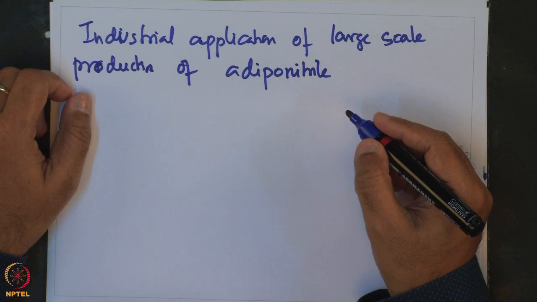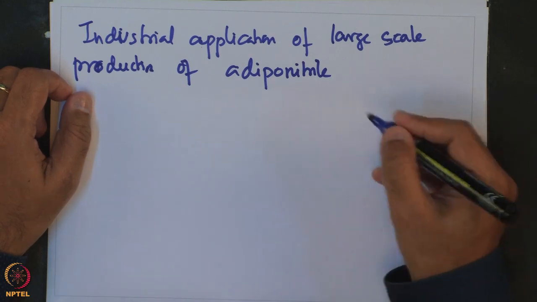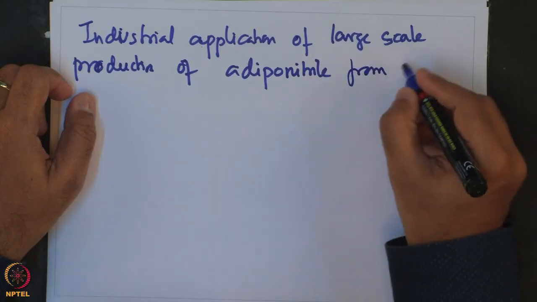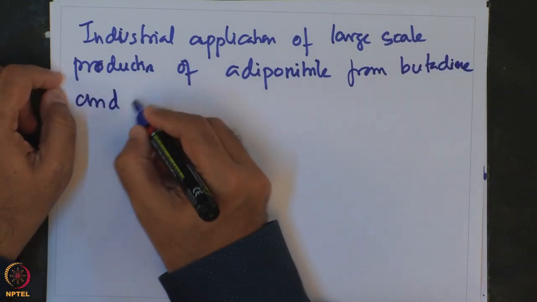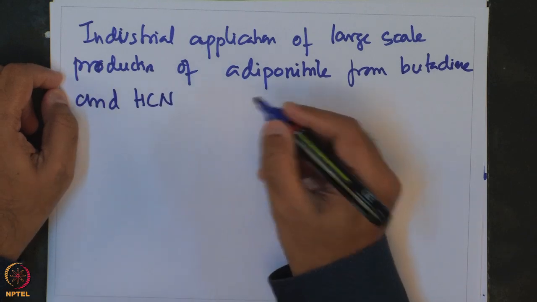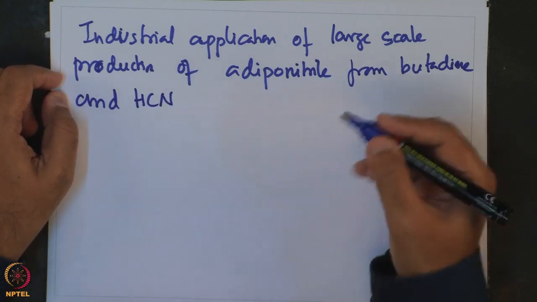Adiponitrile is 1,4-dicyanobutane, which is a monomer for producing nylon 66 from butadiene and HCN using a nickel catalyst. This is also a kind of deviation from the theme of reactions that we have been looking at. All the reaction applications that we have looked at so far involved using palladium as the catalyst, but here is an example where nickel has been used as a catalyst for such an important transformation.